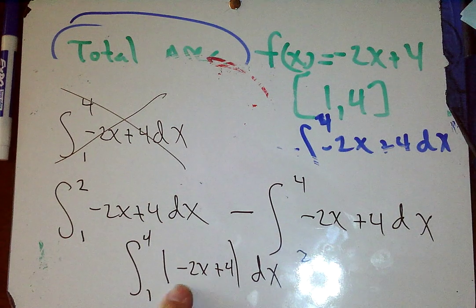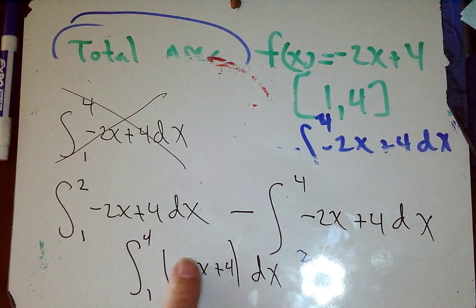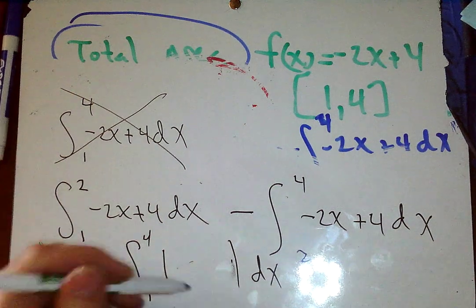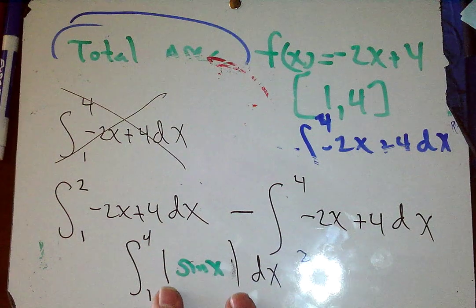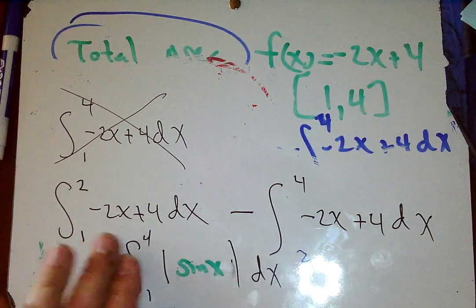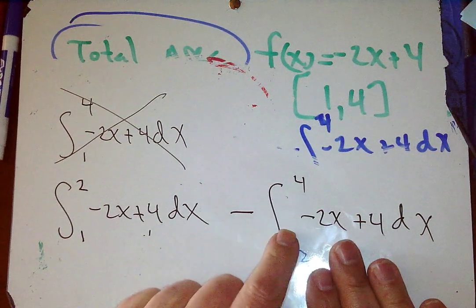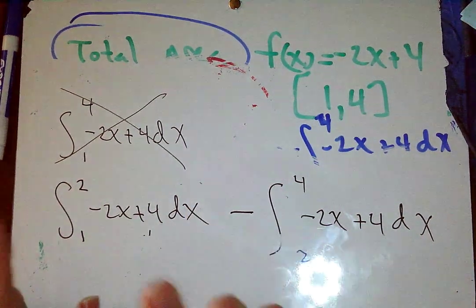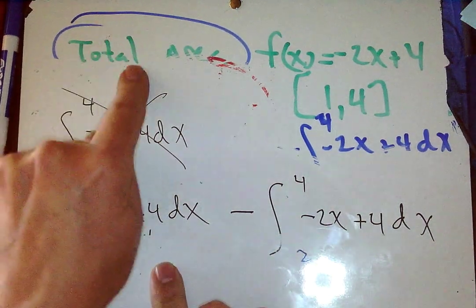I mean, if it's this, I could appeal to the geometry of the situation. But if it's this, you're on your own. I'm not doing an absolute value of that from 1 to 4. That's crazy. So instead, all the areas that are below the x-axis, I'm going to be subtracting, and all the ones above, I'm going to be adding to make total area.